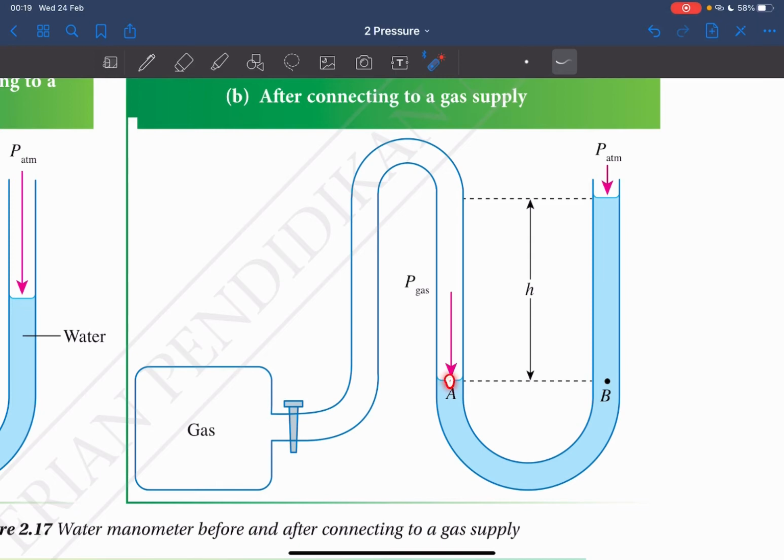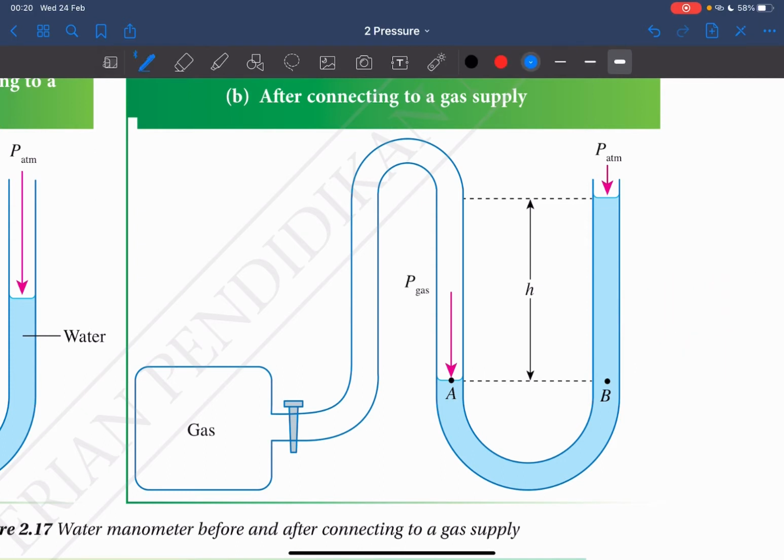Since here equals here, we can calculate the pressure of the gas by calculating the pressure of here plus the atmospheric pressure. So pressure at B equals H. Let's say this is water, so pressure at B equals H meter of H2O plus 1 atm.